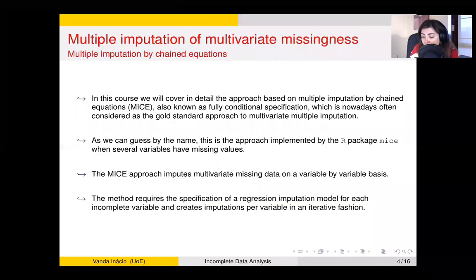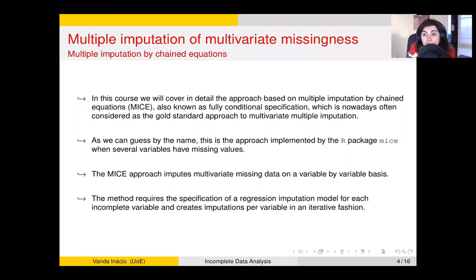Okay. And our approach here, what we will study, is the so-called multiple imputation by chained equations or fully conditional specification. And this approach is nowadays often considered as the gold standard or the best approach to multivariate multiple imputation.